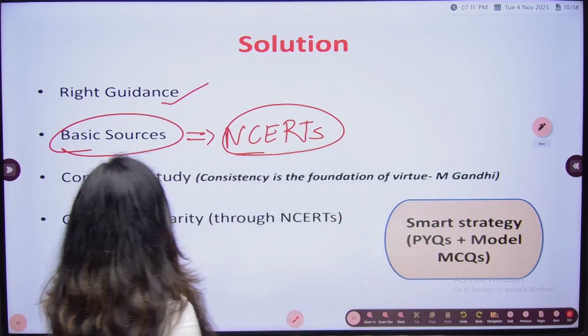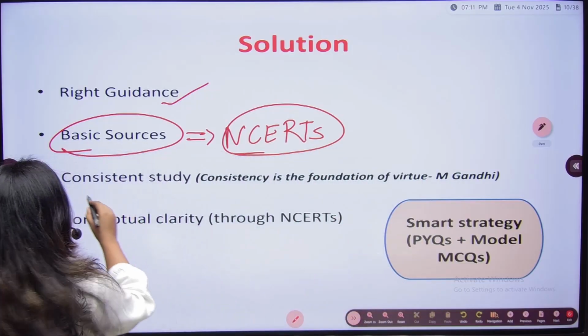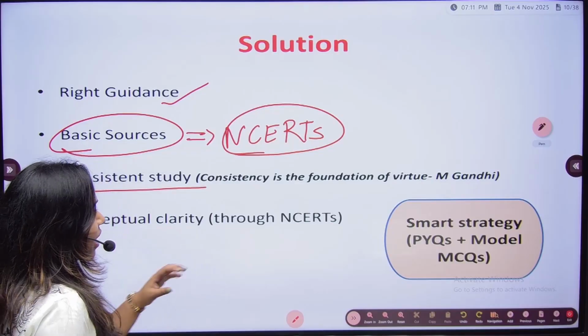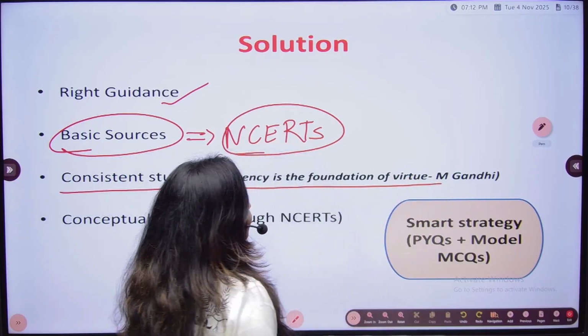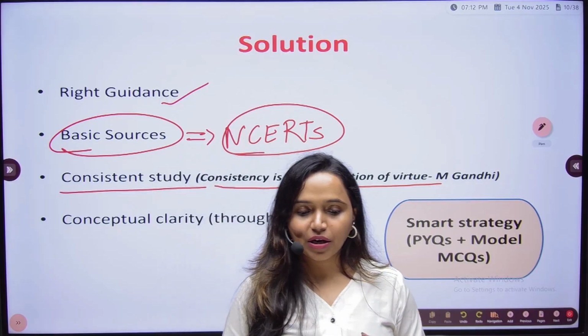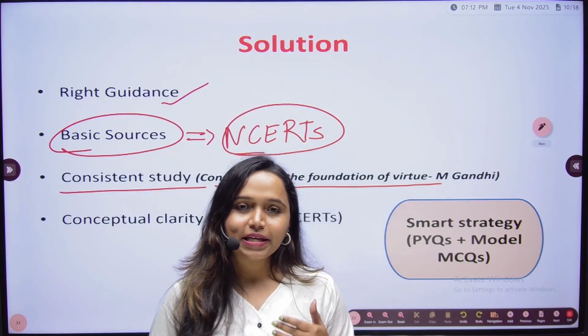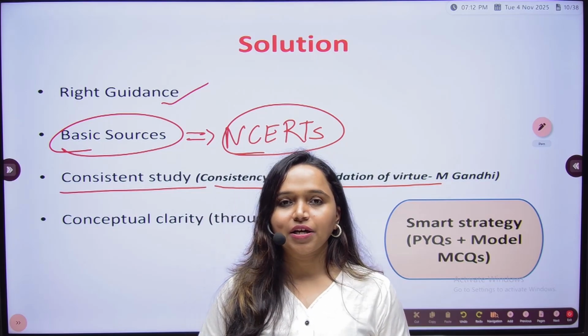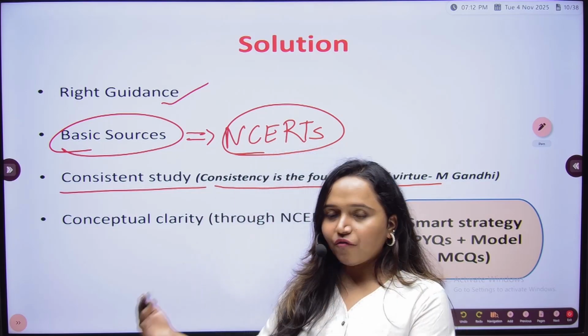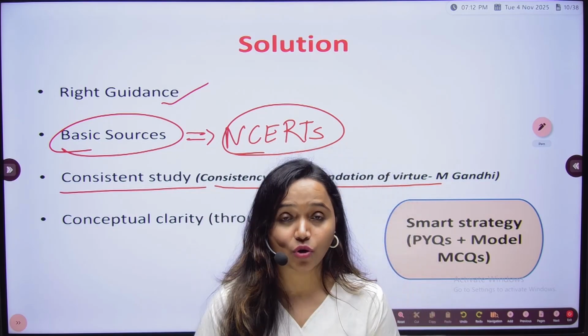So focusing on the basic sources is very important. Consistent study, because as Mahatma Gandhi has said, consistency is the foundation of virtue. When you are consistent in your approach, daily study of 2 hours is much better than studying for 8 hours in a day and then leaving the other 5 days and not studying even for a single hour.